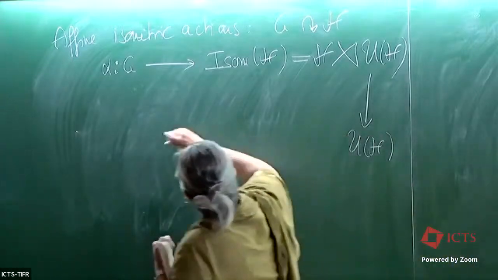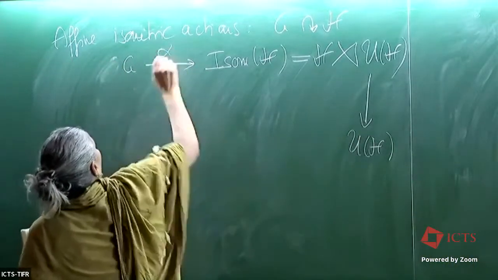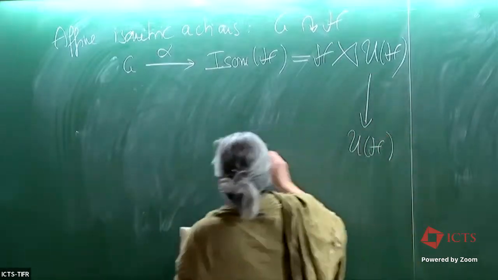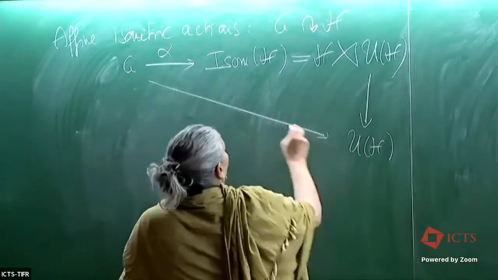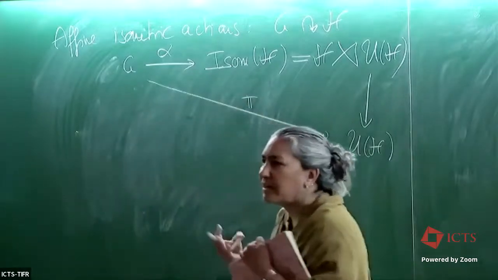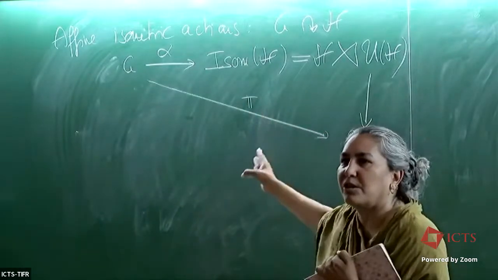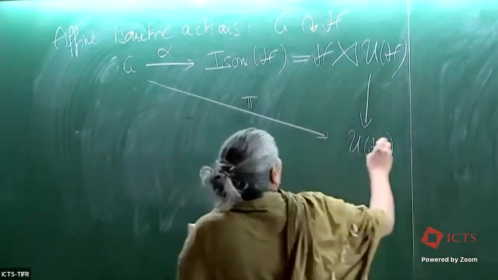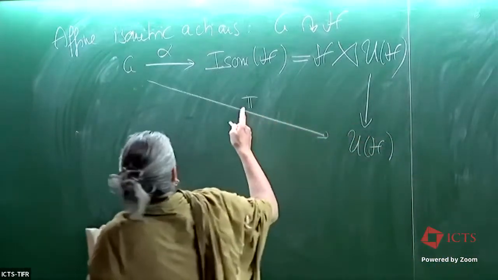So if you compose your alpha with this standard projection, you get pi. That's the linear part of your action. It's the unitary representation that we've been talking about.